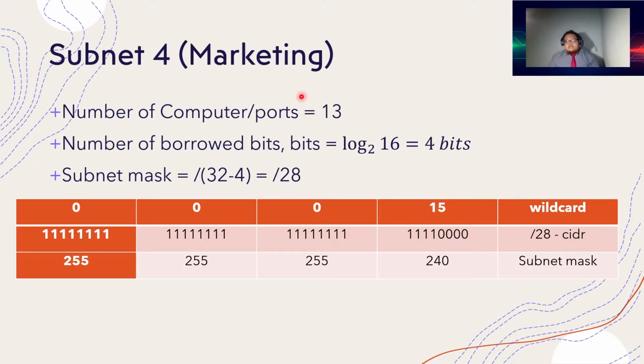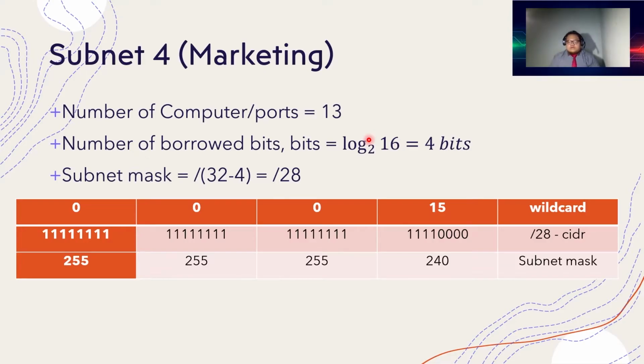The next subnet is subnet number 4, which is the marketing department. The marketing department only needs 13 computer ports. So we are going to borrow bits. We are going to use log2 16 for the same reason as before.